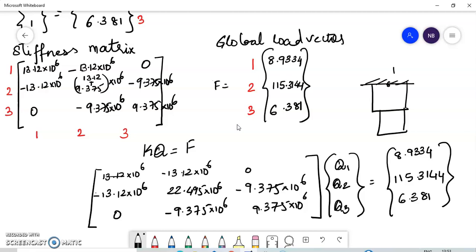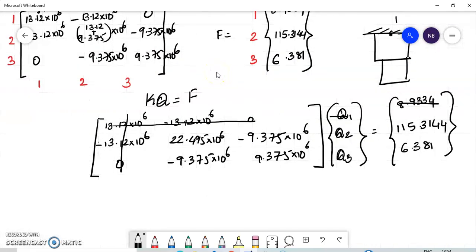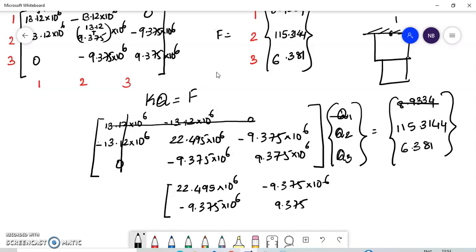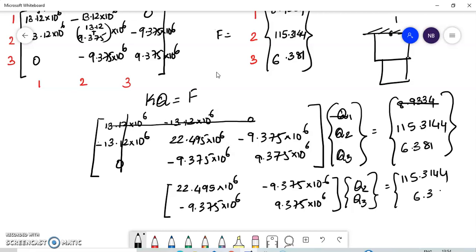So this is row 1, this is column 1. Okay, so throughout, on the left hand side as well as on the right hand side. So now what we are left with is a 2 by 2 matrix.